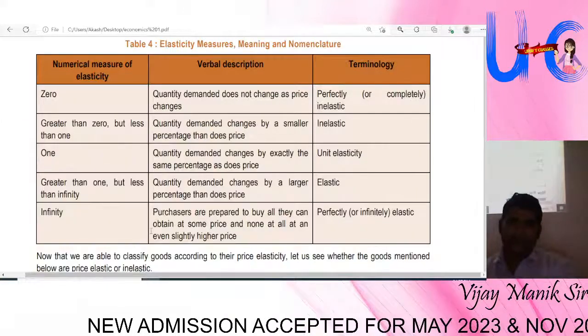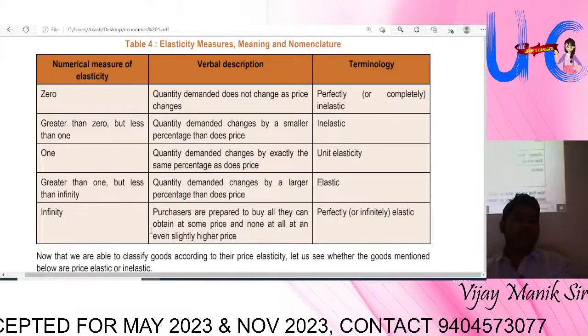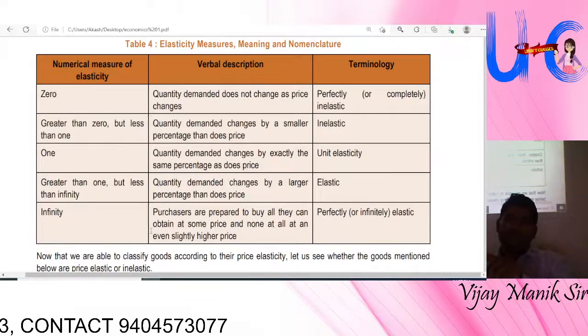Look at this schedule. Okay, quantity demanded does not change as price changes, then we can say perfectly inelastic. Then we can call it 0. Greater than 0 but less than 1, inelastic. Okay, what happened there?